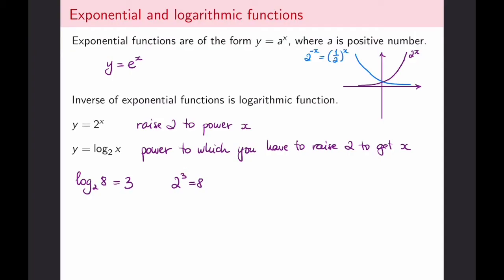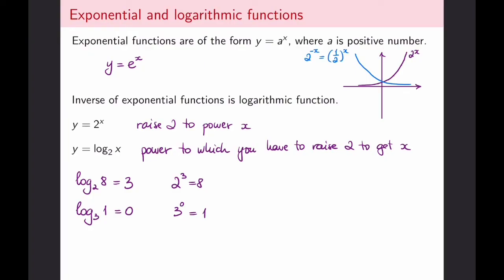In fact, these are the two equivalent forms of writing two things down. One in the exponential, one in the logarithm. Let's try another one. What if we have, for example, logarithm base 3 of 1? So to which power do we have to raise 3 to get 1? Well, raising anything to power 0 will produce a 1, so 0 would be the value of the logarithm here.